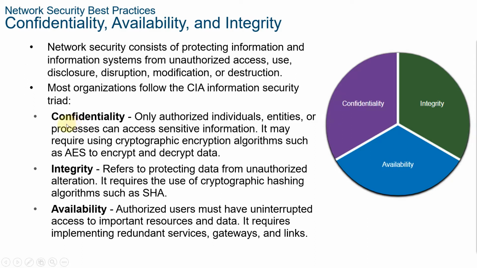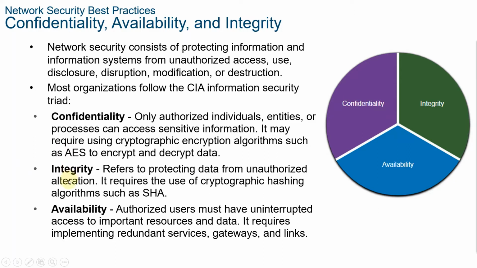Now, let us define confidentiality. What is confidentiality? This means only authorized individuals, users, entities, or processes can access sensitive information. It may require using cryptographic encryption algorithms such as AES to encrypt and decrypt data.